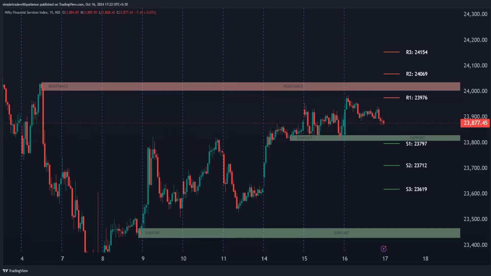For BankNifty, the critical resistance is at 51,985, and that could be a breakout or a pullback towards 51,664. So important levels, you could note down these levels. FinNifty, I've just mentioned the levels, that's 23,976 and 23,797. Now, be patient, observe volumes on futures, and take your trades wisely around these levels.